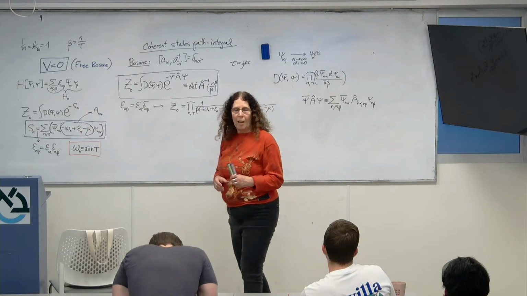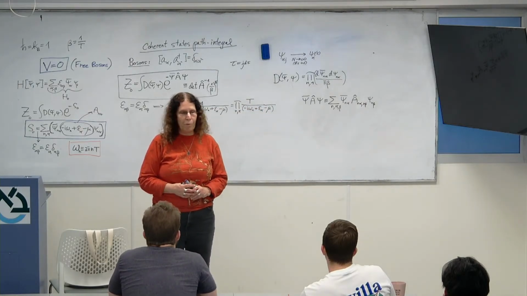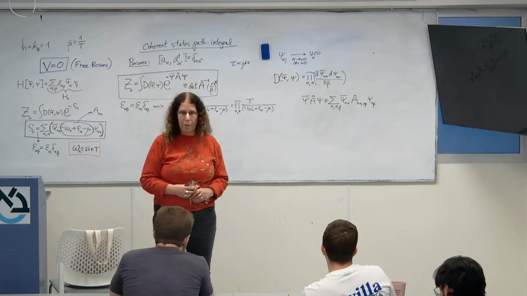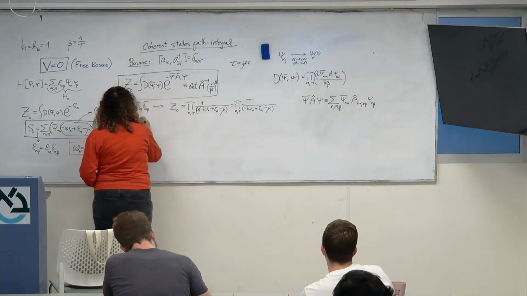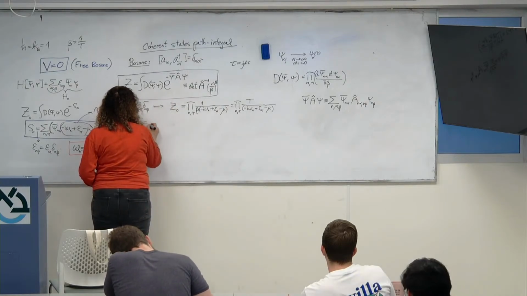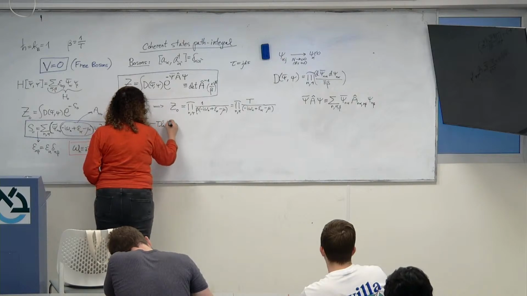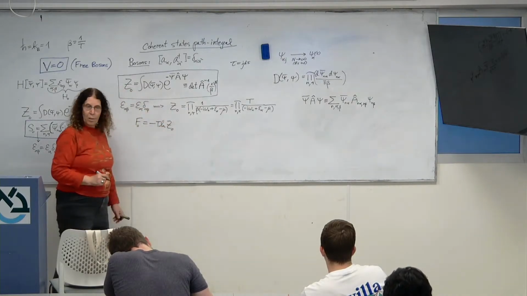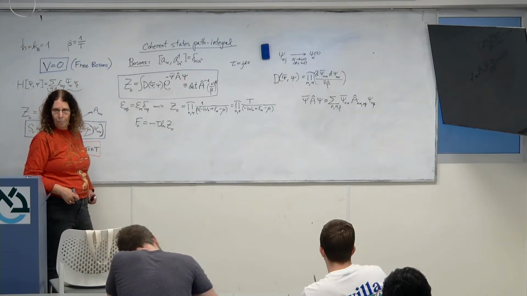Now let's write down a closed expression for the free energy. What is the free energy? And I call it F naught. It's minus T log of Z, right? That's a definition. Remember the definition of the free energy?